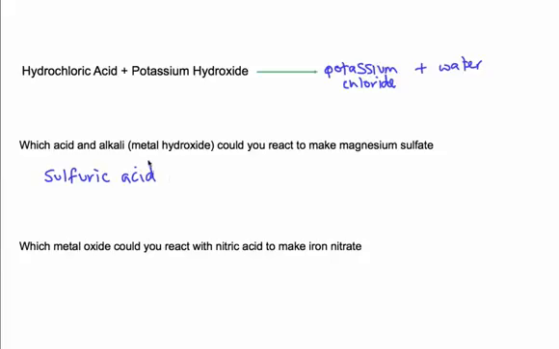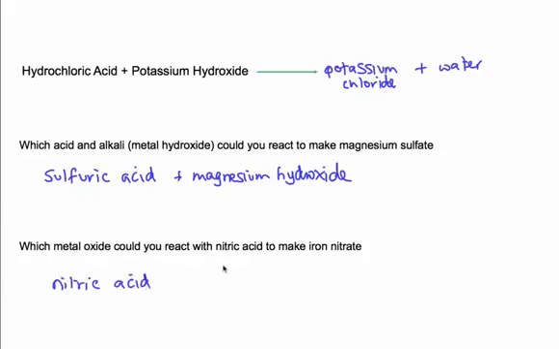And which metal hydroxide do we react? It's magnesium sulfate, so it's going to be magnesium, and it tells us it's a metal hydroxide, so it's magnesium hydroxide. And the last one, which metal oxide could you react with nitric acid to make iron nitrate? We want nitrate, so it's going to be nitric acid.